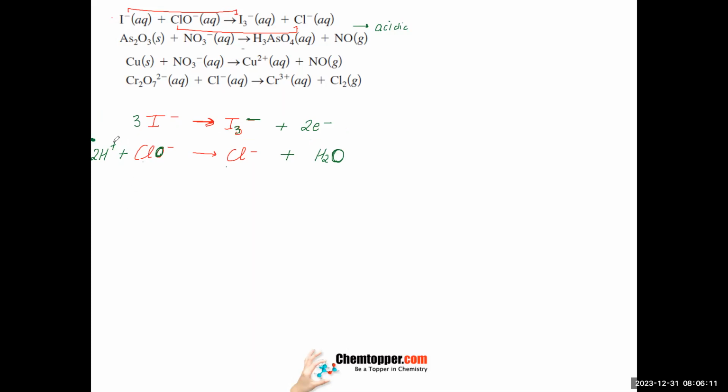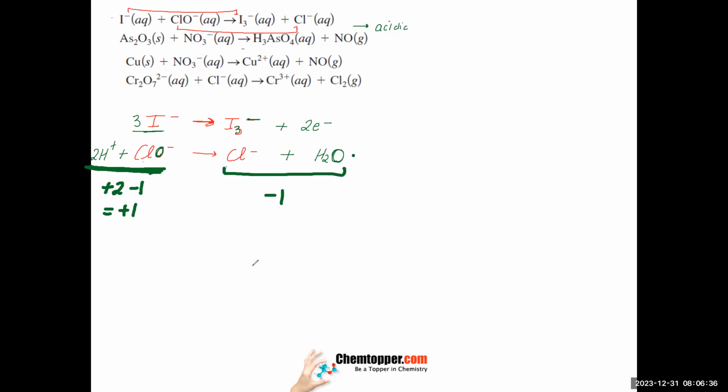Check this. Now we have to balance the second one. Balance the charges. How much charge on this side? On the left side, how much charge in the second equation? Plus 2 minus 1. How much? Plus 1. How much on this side?